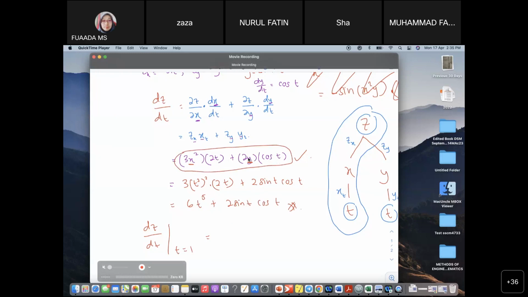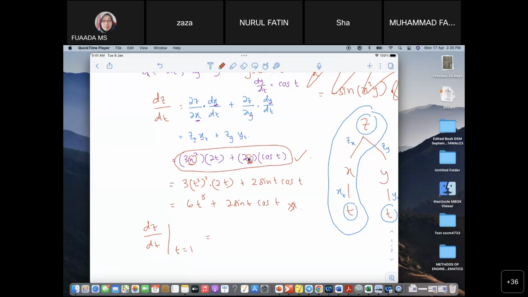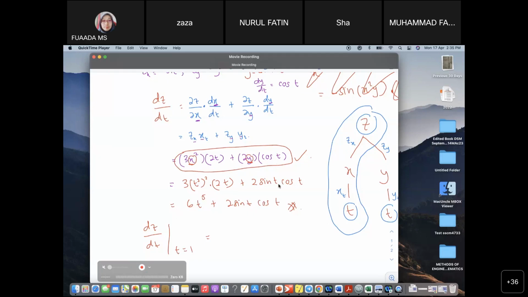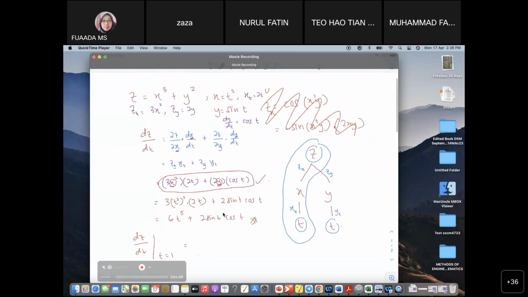How about y ni? Y ni macam mana kita nak cari nilai dia? Tio Hao Tian, ada. Okay. How can we evaluate the x when t equal to 1? What you should do? Sub kepada yang x sama dengan atas tu.